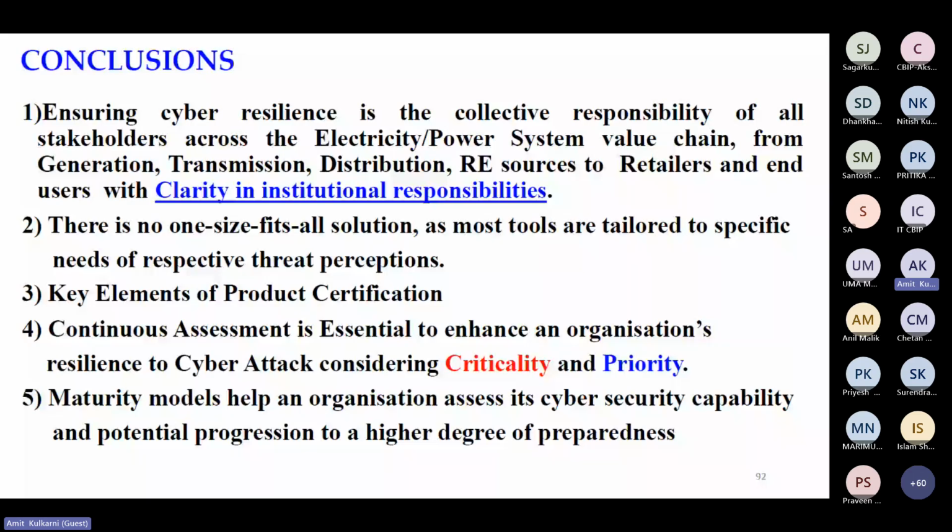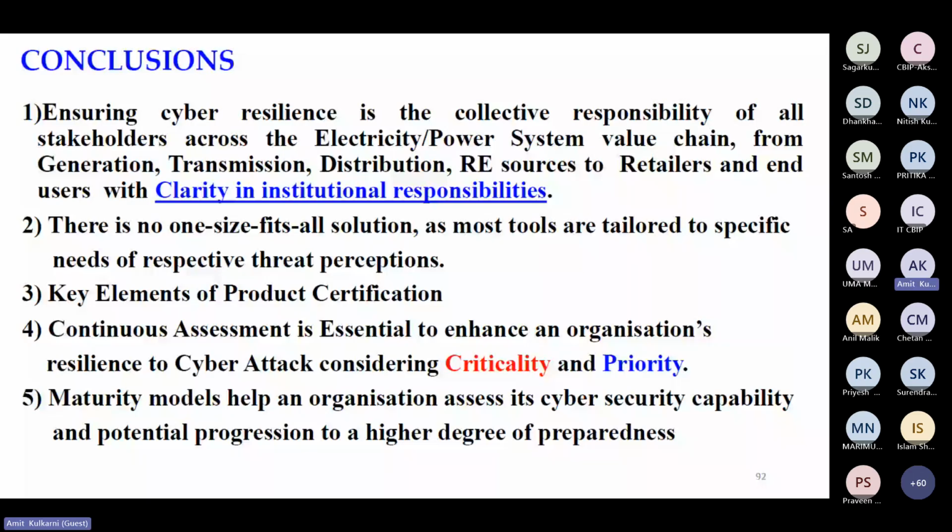As a vendor, you are responsible. As an RE developer, you are responsible. As an OEM, you are responsible. As a retailer, you are responsible. As a market operator or system operator, we all should own the responsibility and play our role. Then clarity in institutional responsibilities: who is to do what should be highlighted and done accordingly.